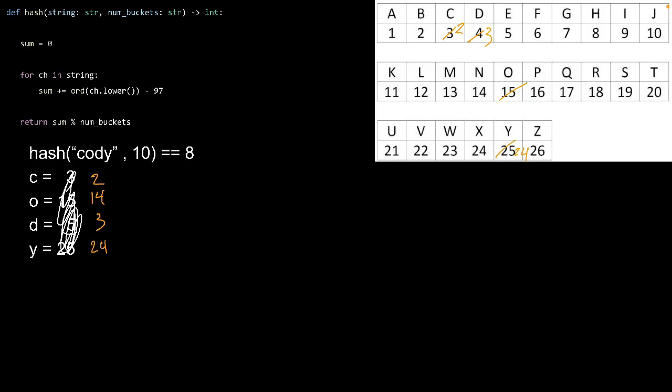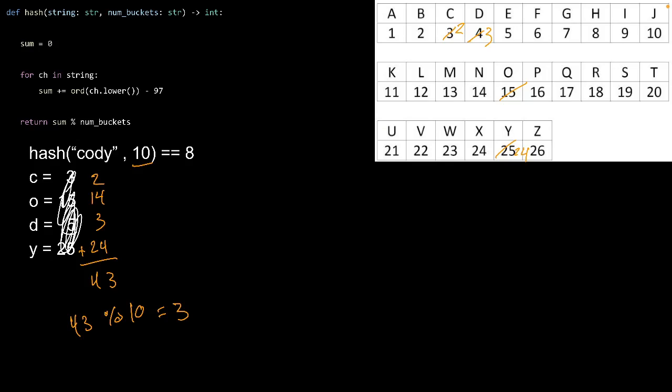So let's see, what would that be? 26, 16, 43, right? If I add these together, I get 43. And then 43 mod 10 is going to give you 3. Again, this is only 10 buckets.